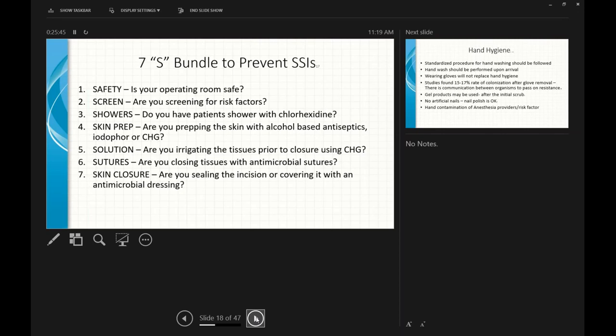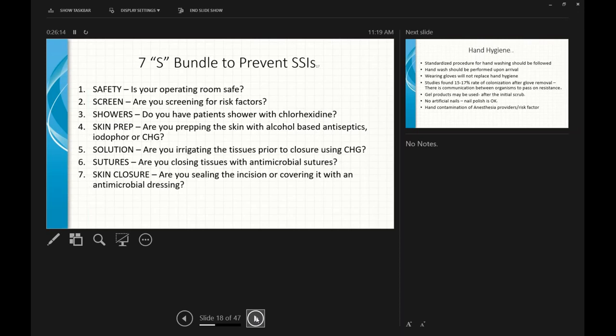Are you irrigating the tissues prior to closure using CHG? This was a big eye-opener because we were told by the manufacturer that CHG was not to be used. Apparently it can be, but CHG is under a lot of controversy right now, so this may be changing.